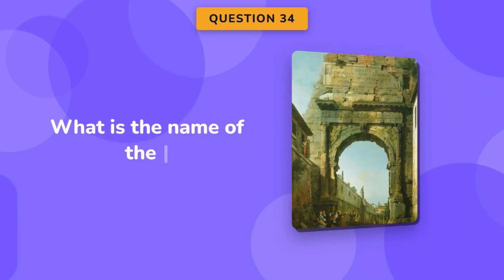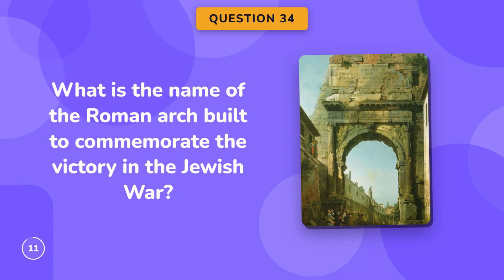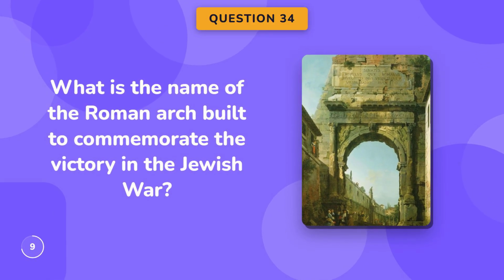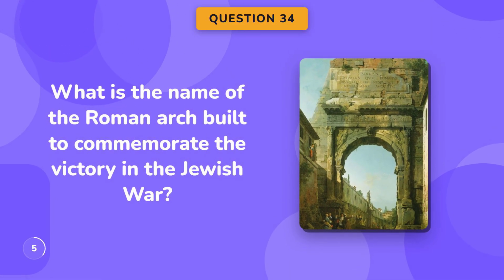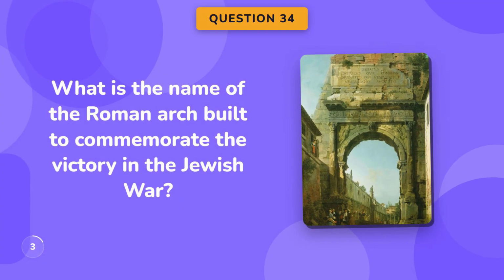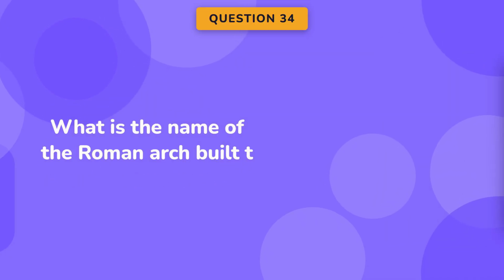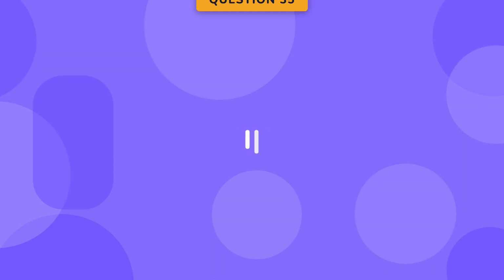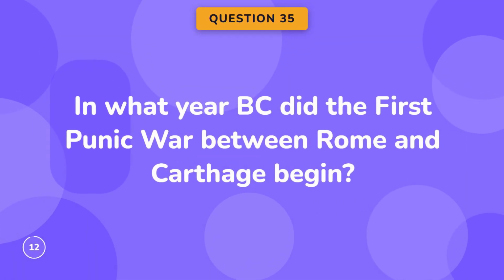What is the name of the Roman arch built to commemorate the victory in the Jewish war? In what year BC did the First Punic War between Rome and Carthage begin?